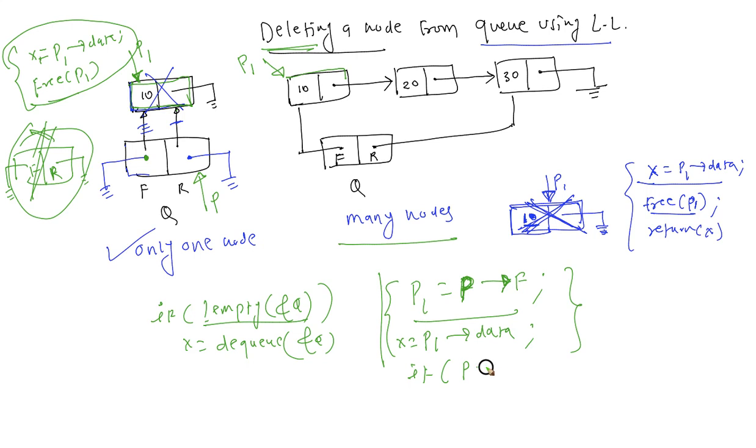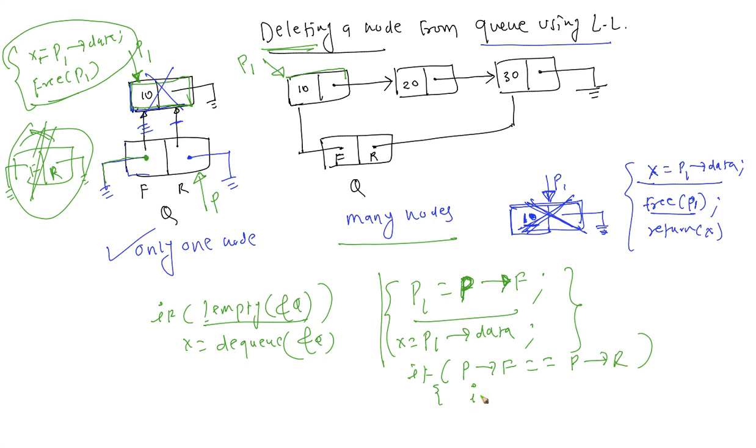P arrow F, why P arrow F? Because I am accessing F by using this pointer P, and I am accessing R by using this pointer P. If P arrow F equal to P arrow R, that means there is only one node, and I'm going to delete this node. I'll reinitialize this queue, that means I'll set F and R to null.